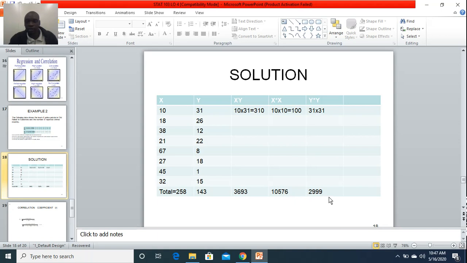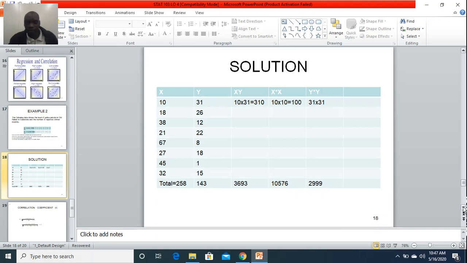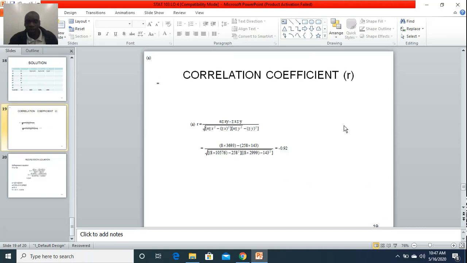Then we have a formula for the correlation coefficient. It's summation of xy minus summation of x times summation of y, divided by the square root of n summation of x squared minus summation of x squared, times n summation of y squared minus summation of y squared.